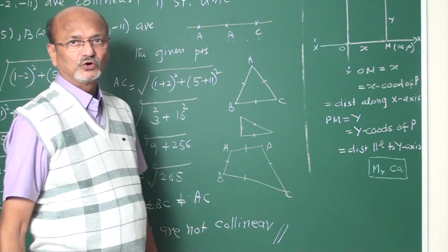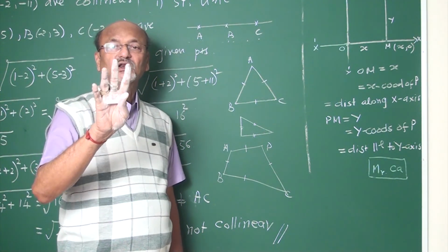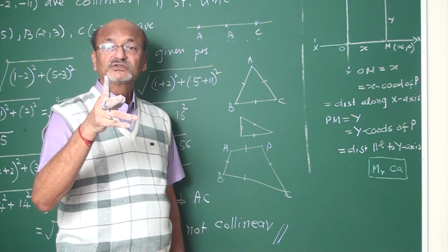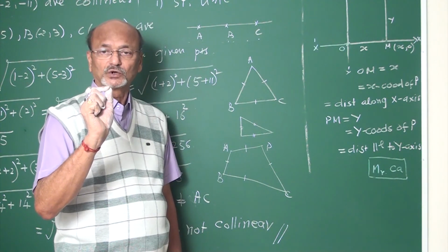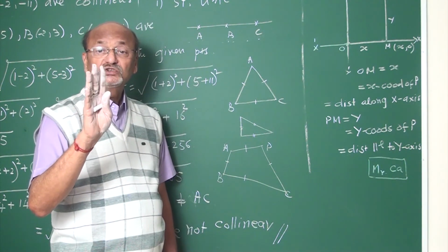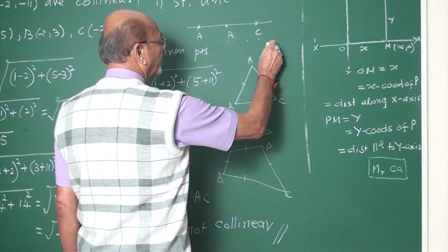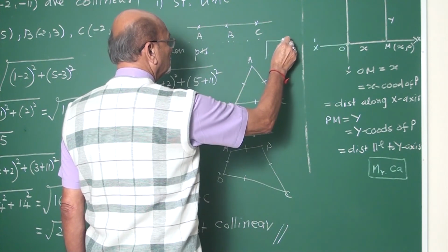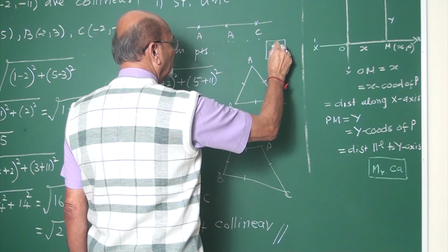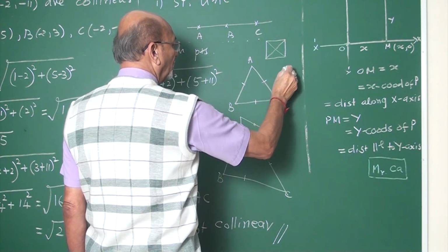If all four sides are equal and the diagonals are equal, it is a square. If all four sides are equal but the diagonals are unequal, it is a rhombus.